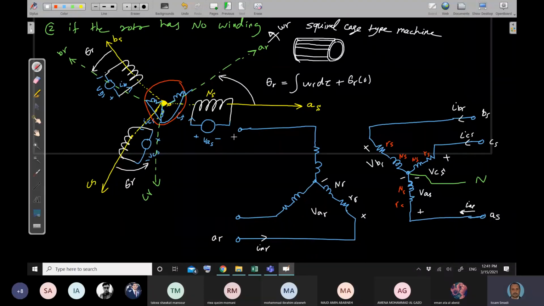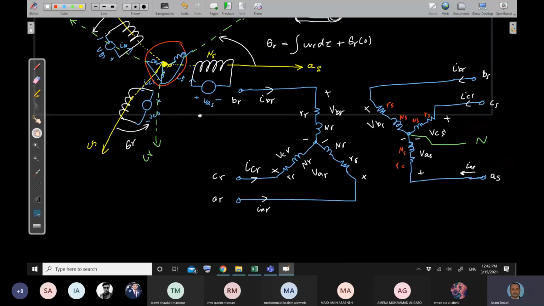The same thing here, if this one is BR, IBR, the plus minus VBR, and this will be the NR, RR. Also here, if this one is CR, this is a current here. I'm assuming that the direction of the current is into the machine. So this will be the ICR, and this will be the VCR, and this will be the NR. This is the rotor resistance, the RR.